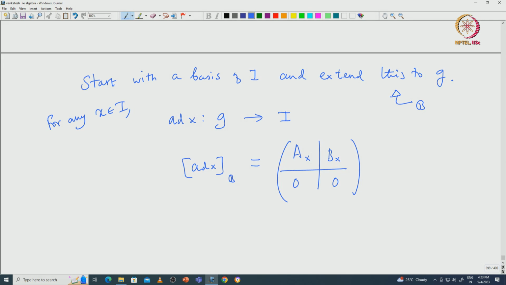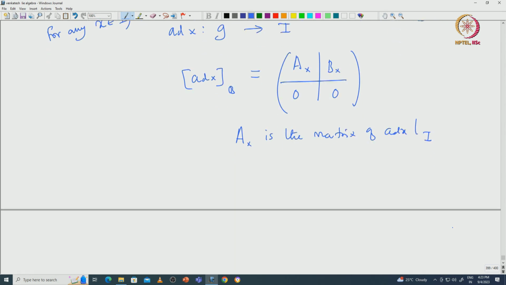Here A x is the matrix of ad x restricted to I. This is something very easy to see.